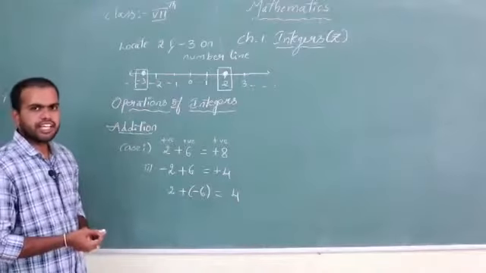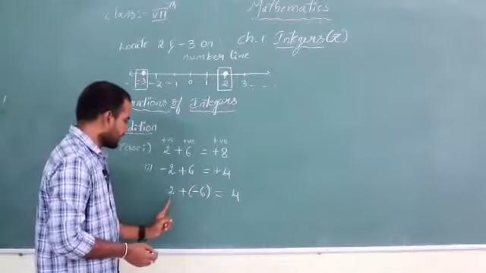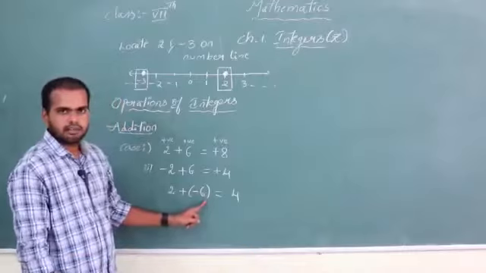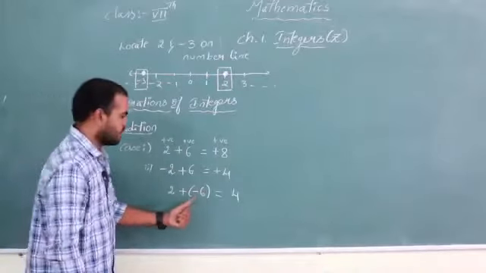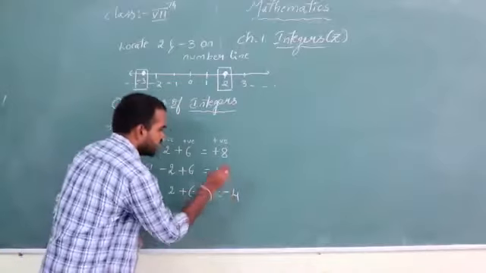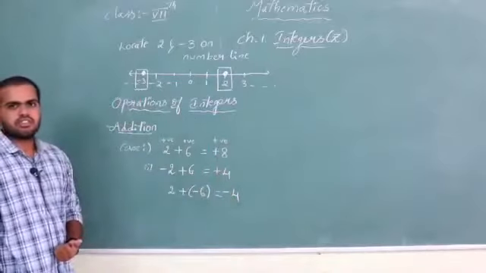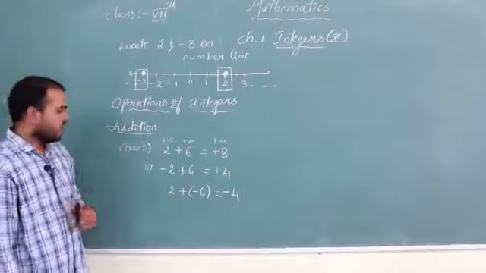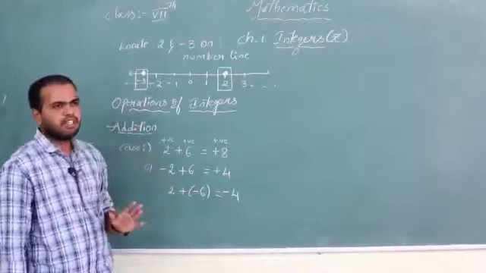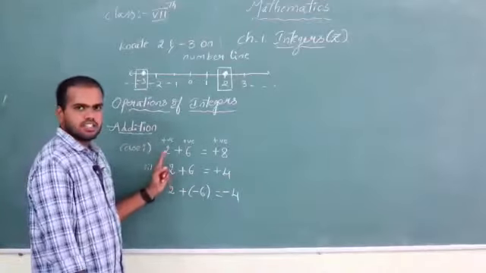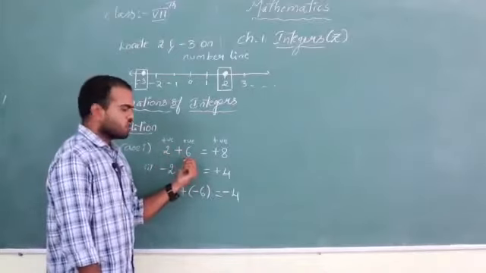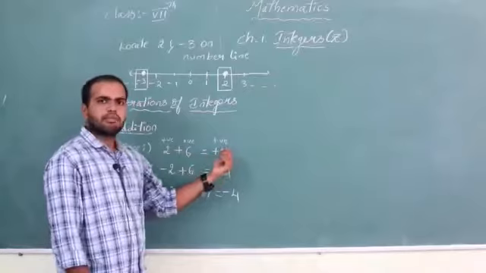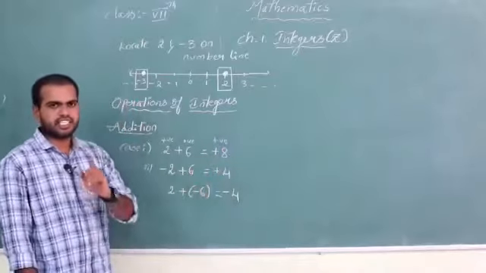Now which sign do we have to take? What is the larger number here? Definitely 6 is the greater number. And which sign does that 6 have? Minus. So we have to take minus 4. Okay, so I think you understood. Now just remember, the first case is saying that if you are adding a positive number with a positive number, the sum will be positive only.